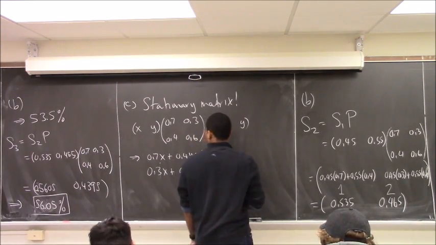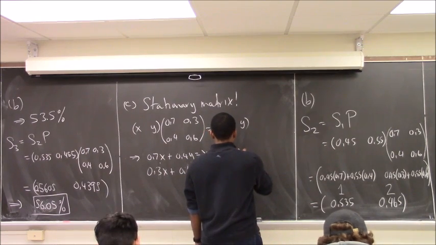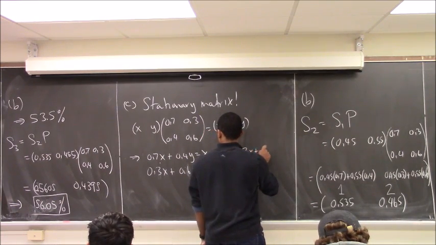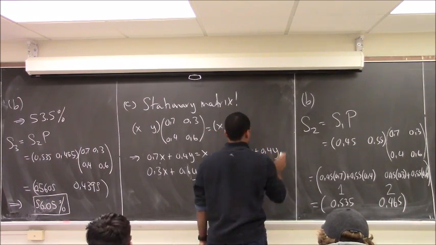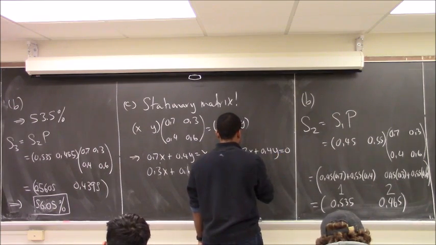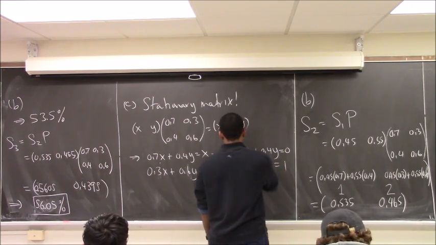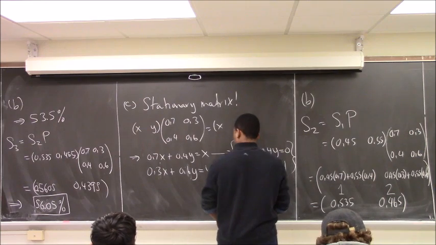This one, I can subtract x from both sides: minus 0.3x plus 0.4y equals 0. And then I can just set x plus y equals 1. So I need to solve this system.